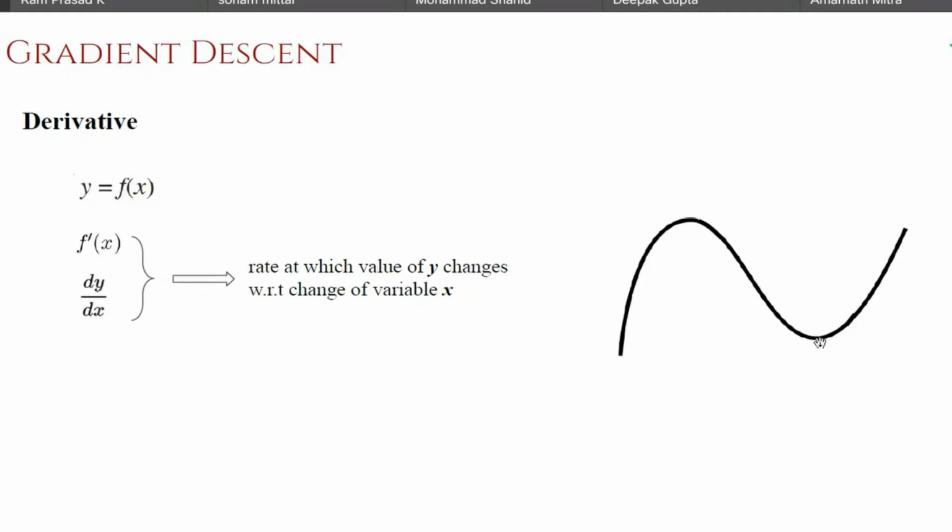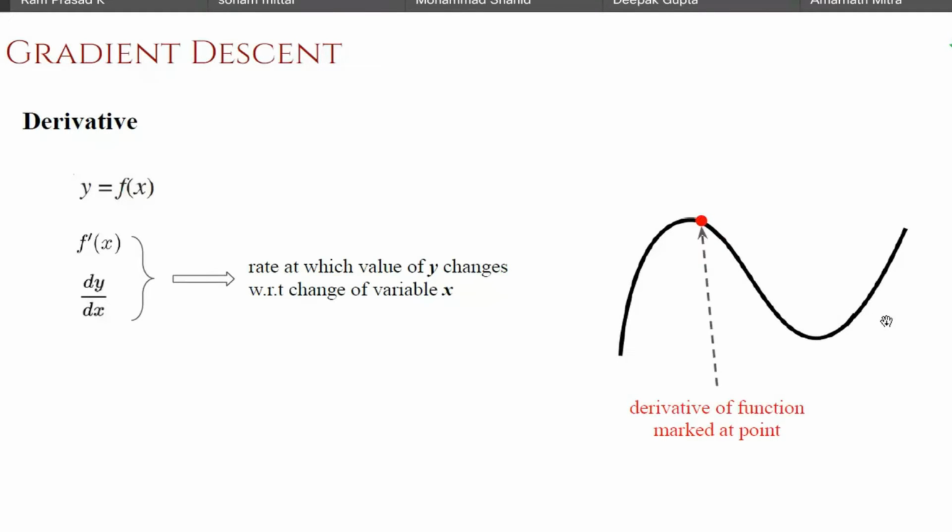So let us say you have a function y, which looks like a sinusoidal curve. And at this particular point, we want to find the first derivative of this function. For every point, we can find a first derivative. So let us look at this particular point here.